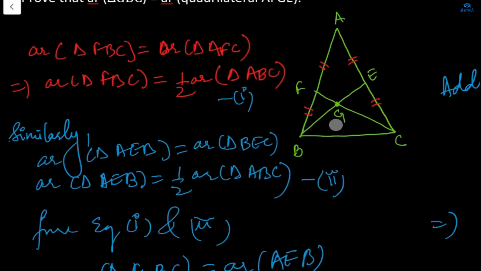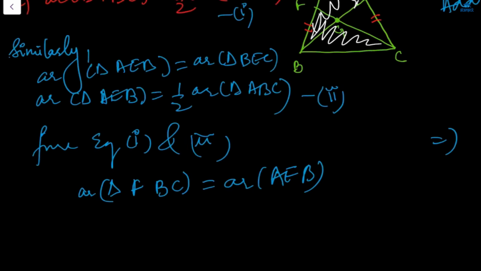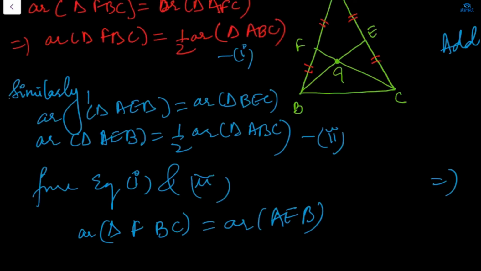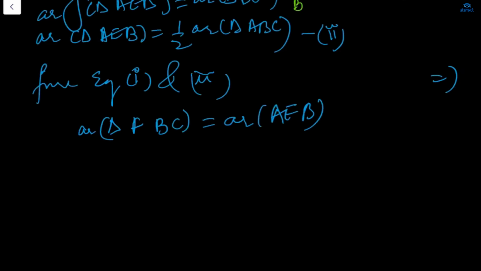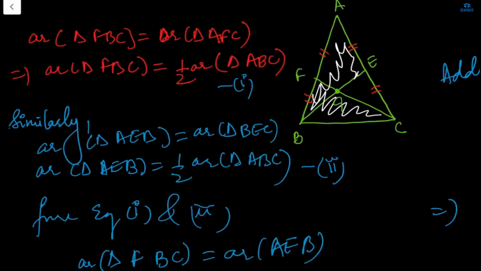So understood till here that the areas of both these triangles are equal. Now, if we subtract this smaller triangle, FGB, the small portion, we will get the desired result.